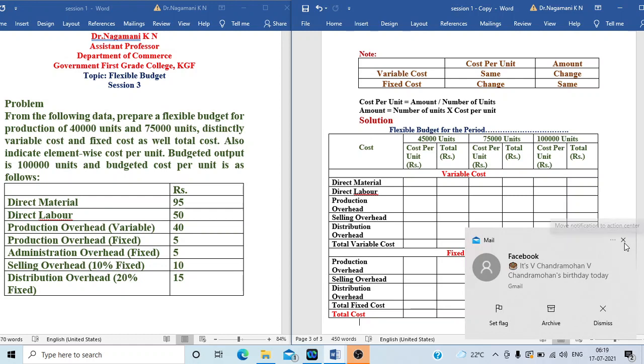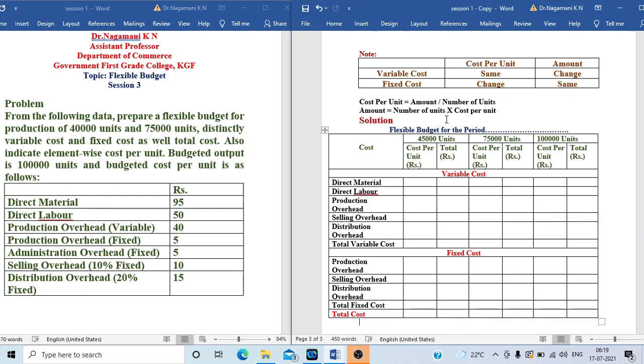Then the formula for calculating the amount is number of units into cost per unit. See, I have drawn the columns here for 40,000 units, 75,000 and 1 lakh units. The base information is given for 1 lakh units. By taking that 1 lakh units base we can prepare the flexible budget for 40,000 and 75,000.